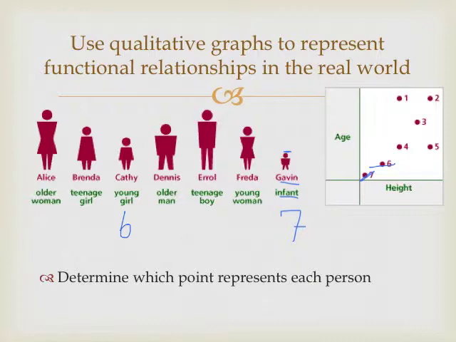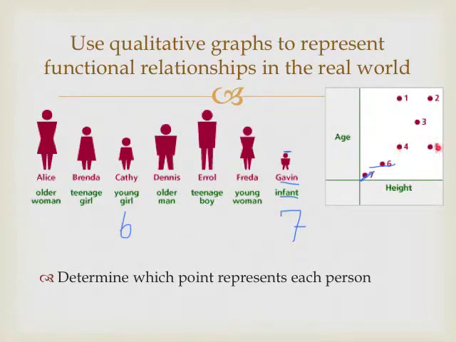Alright, so now moving up, we have something we need to be concerned about here, because we have 4 and 5 as far as age is concerned being the same. So I have young woman, teenage boy, older man, teenage girl, older woman. This is the only name that shows up twice, teenage. So we have teenage girl and we have teenage boy. So now which one is 4 and which one is 5 when these ages are equivalent is we need to now look at the height.